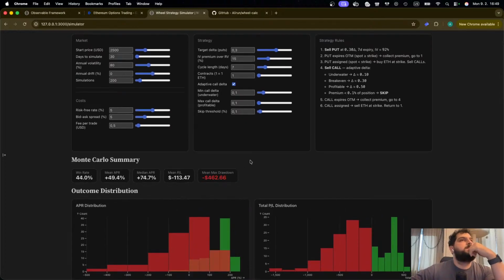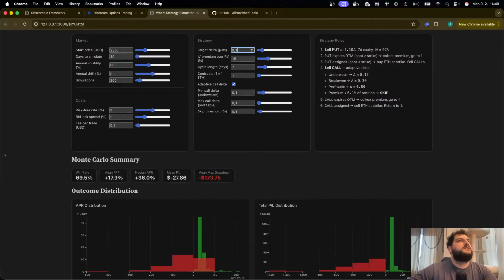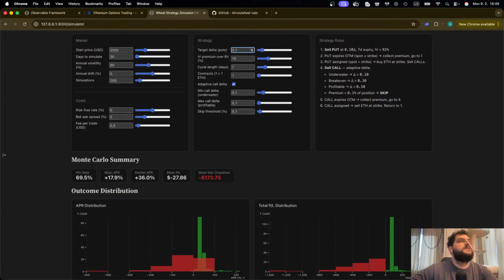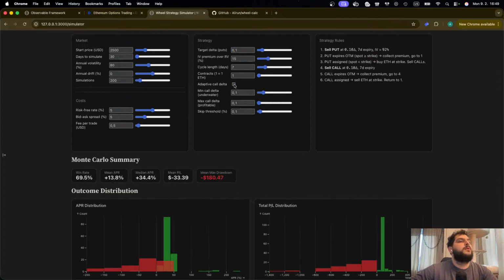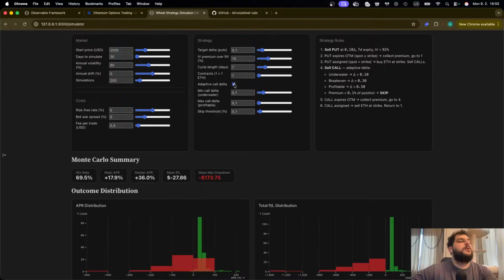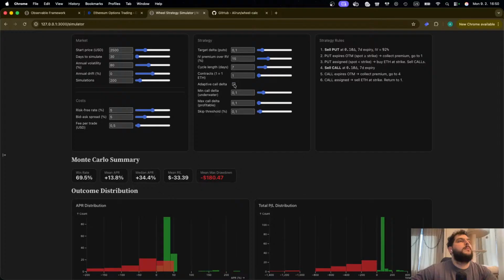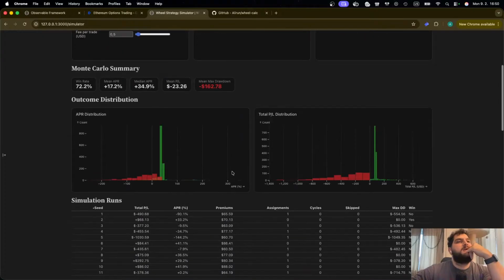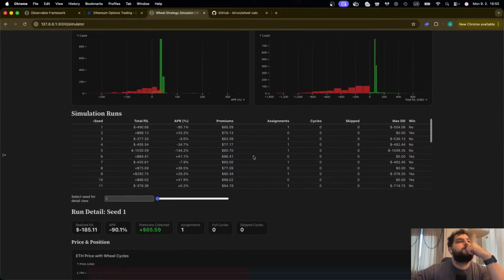Because we sell puts on a lower delta. Is it the reason? So we buy less Ethereum. Interesting to analyze.